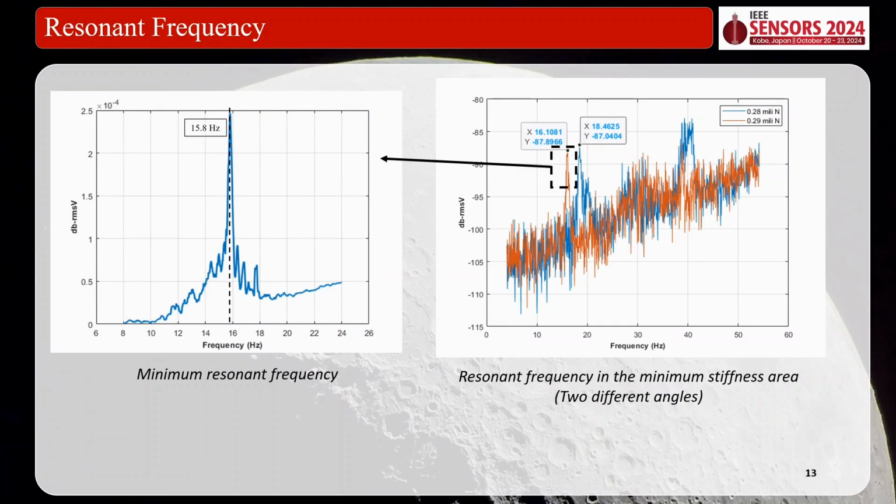As we tilted the sensor, the resonance changed, which shows that this is the minimum resonance that we could get. It should also be noted that the resonance frequency in a horizontal position is about 127 hertz.